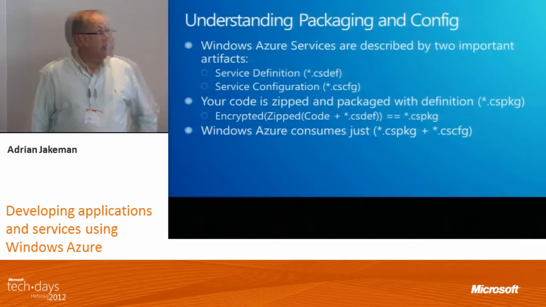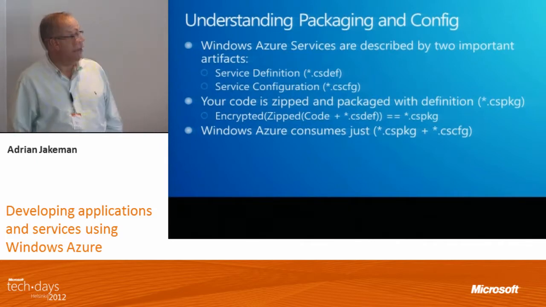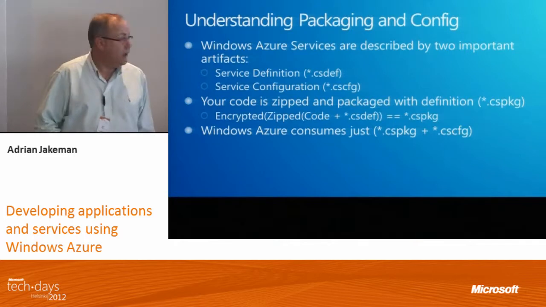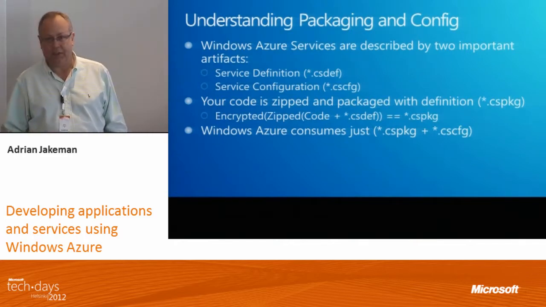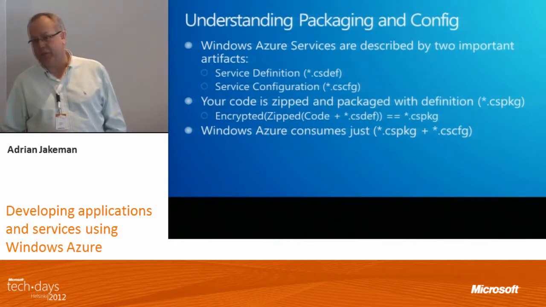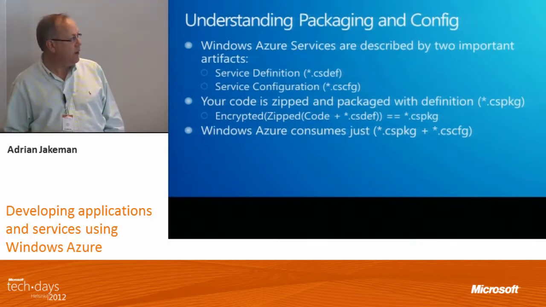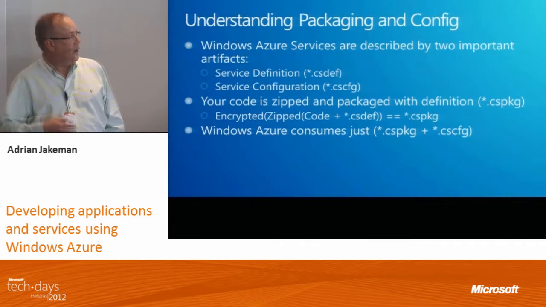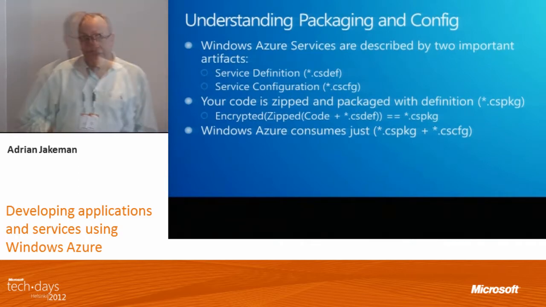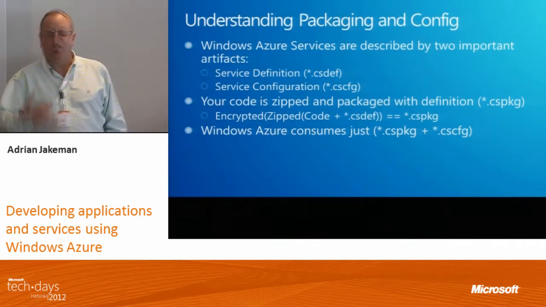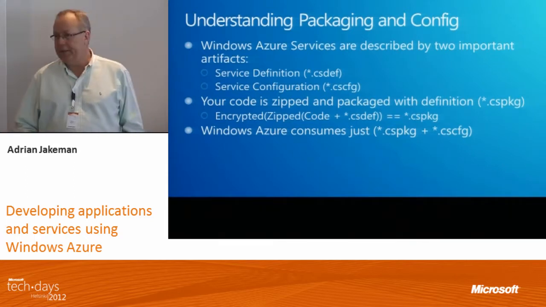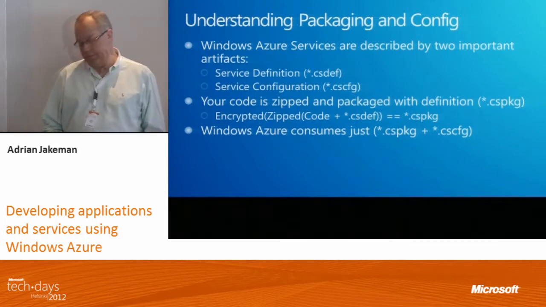When you write your application, one of the things that you will find is that the definition for the application, the service definition, and the configuration for that service are written in two very special files. They're written in files that have these extensions csdef and cfg. The service definition and the service configuration really define what it is you're going to deploy and how you're going to deploy it.